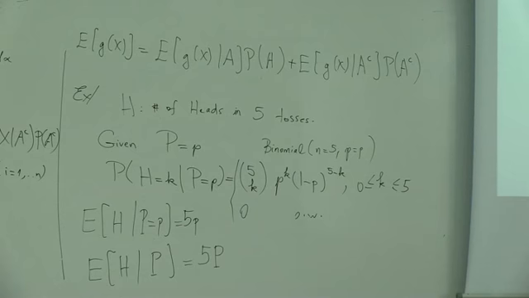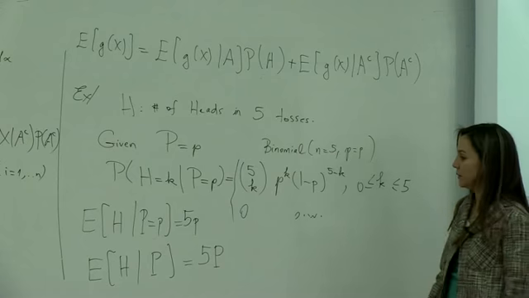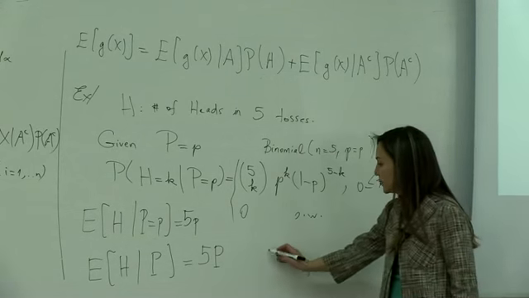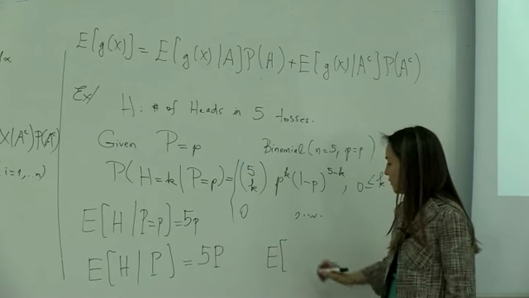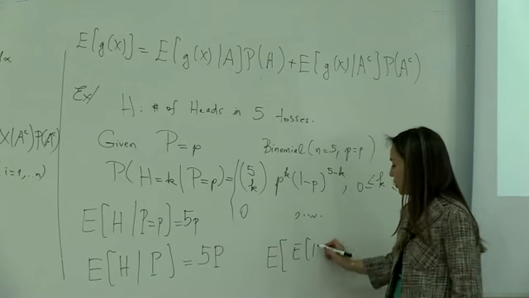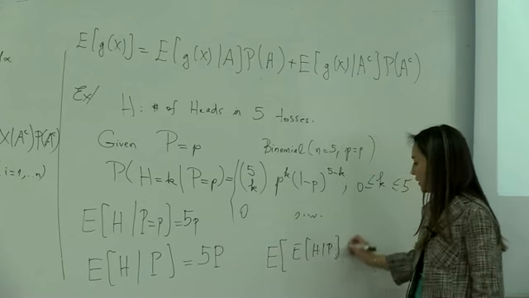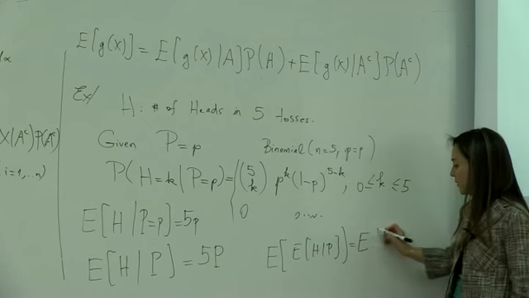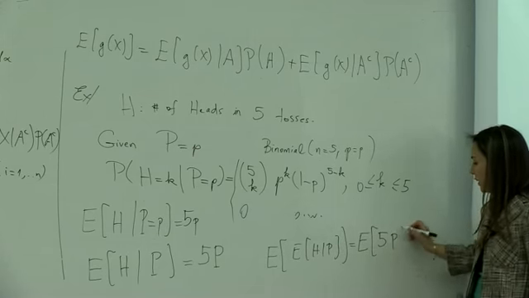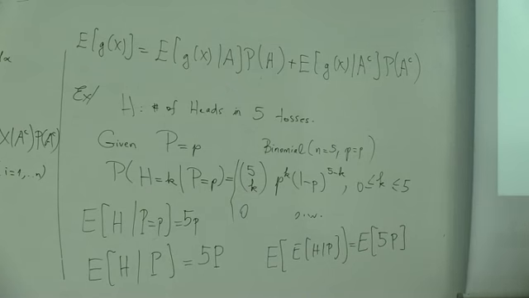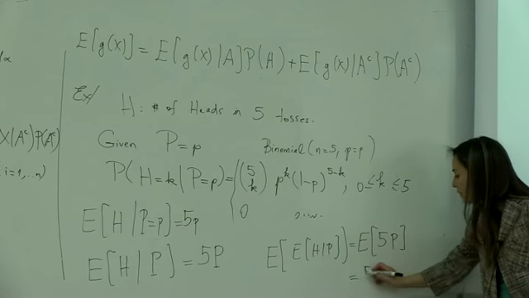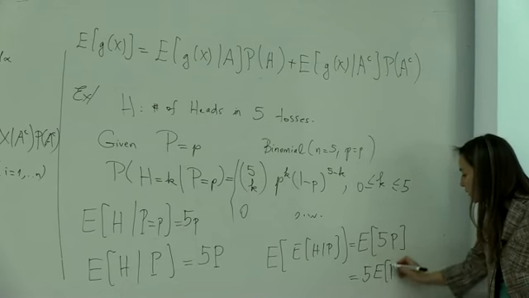Since it's a random variable, I can take its expectation. I can take the expected value of H given P, which is the expected value of 5P. What is the expected value of 5P? It is 5 times the expectation of P.